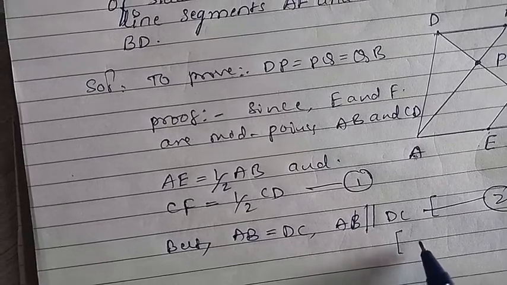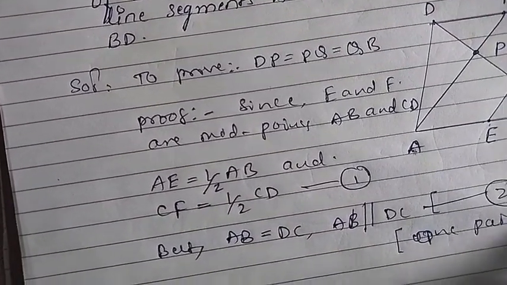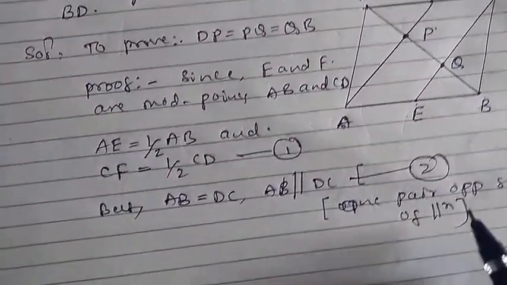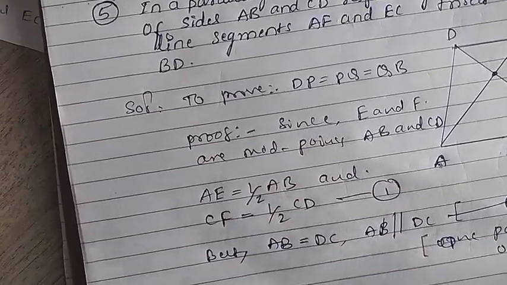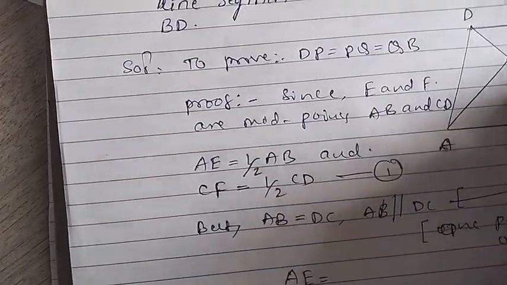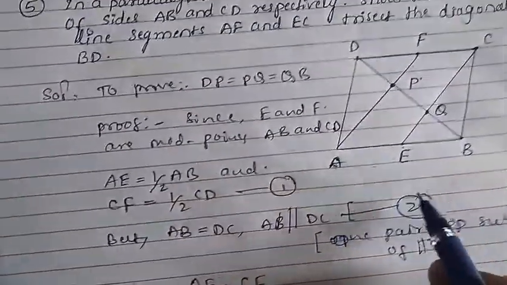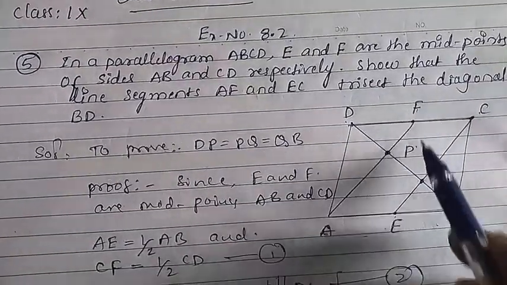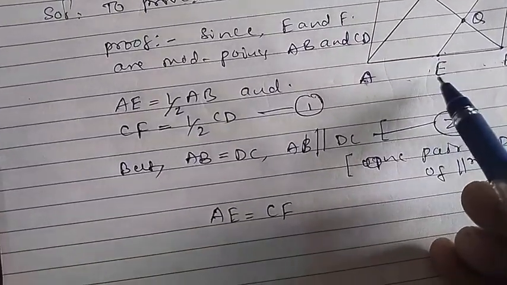Because they have given one pair of opposite sides of a parallelogram. Correct. Now see, you can see that AE is equal to CF. Because ABCD is a parallelogram, therefore AB is equal to DC. E and F are the midpoints, which means you can say that CF is equal to AE. Correct. CF is equal to AE.